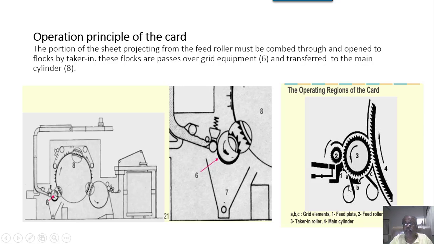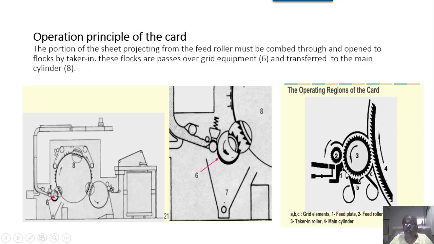Now this is a sort of a Trützschler system. Once you see this balloon, it is a Trützschler system, whether it is a single Licker-in or tri-Licker-in system, that is a different thing. But once you see this kind of system, they have applied their principle here. A, B, C are the grid elements which are below this Licker-in.